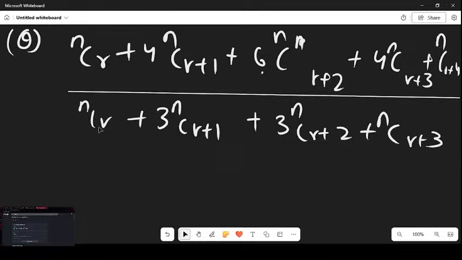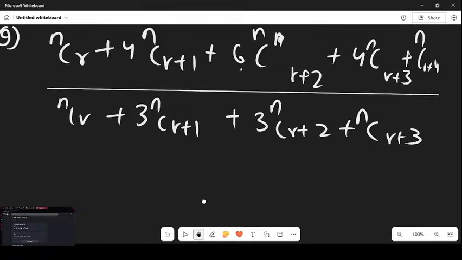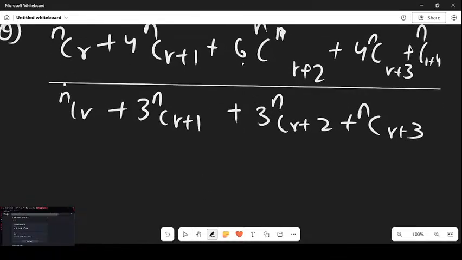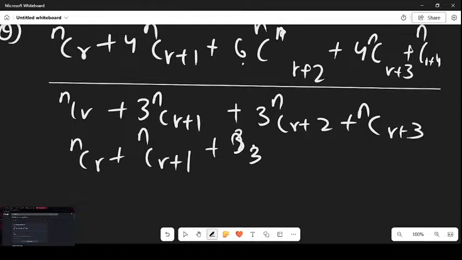Now I feel like my idea is that I can write this as nC(r plus 1) plus 3 nC(r plus 2).